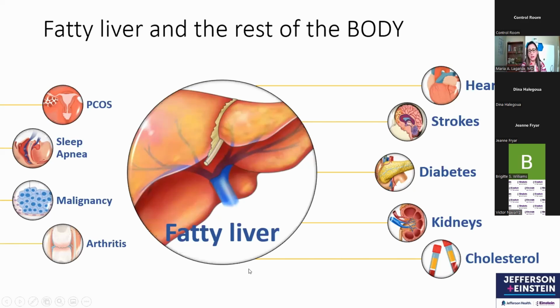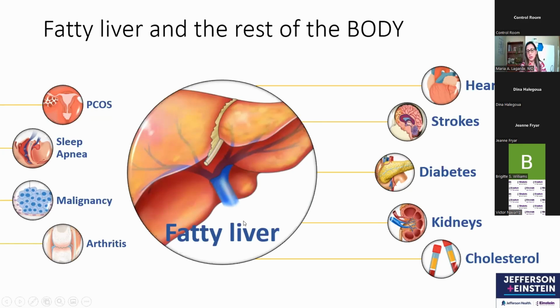You may find that your doctor is not only looking for the presence of fat in your liver and trying to identify in which of these categories you fall, but also trying to identify some of these associated conditions, because we know that targeting each one in combination with the excess liver fat, the steatosis and steatohepatitis, can lead to improved outcomes in all of them at the same time.